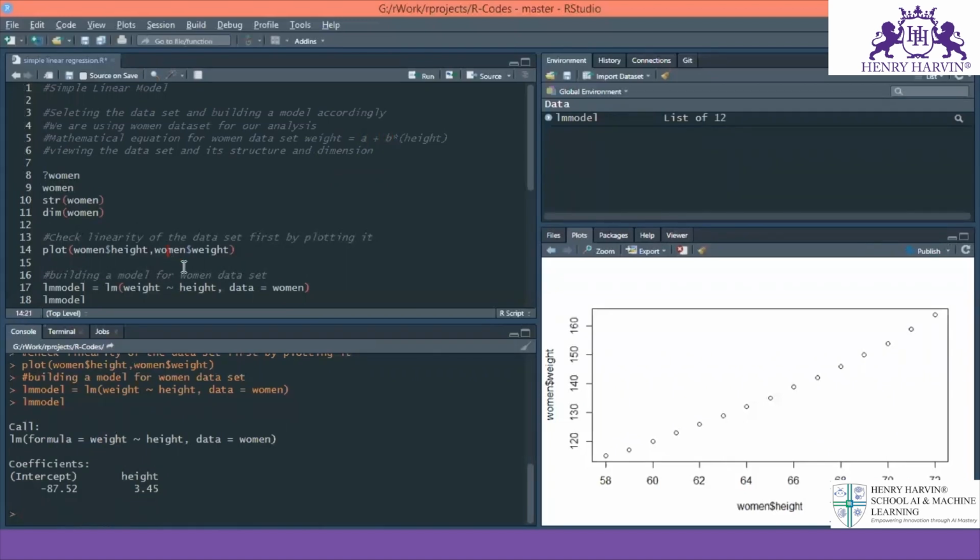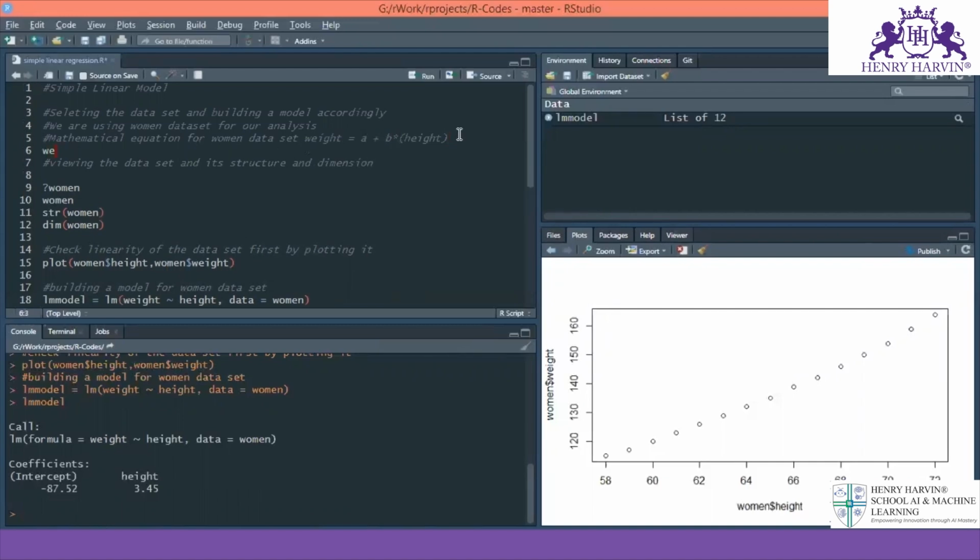So if I put the values of intercept and slope here, my equation is weight is equal to, the intercept value is minus 87.52, plus slope is 3.45 multiplied by height.